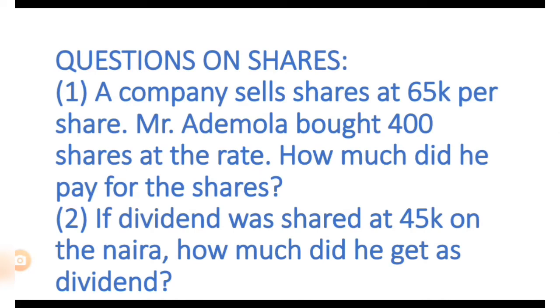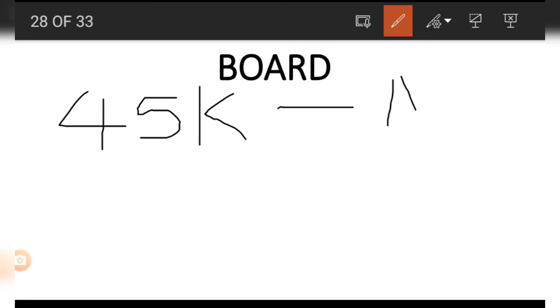Now let's look at the second question. If dividend was shared at 45 kobo on the naira, how much did he get as dividend? Note that 45 kobo on the naira means 45 kobo for every 1 naira. So we start with 45 kobo is equivalent to 1 naira.